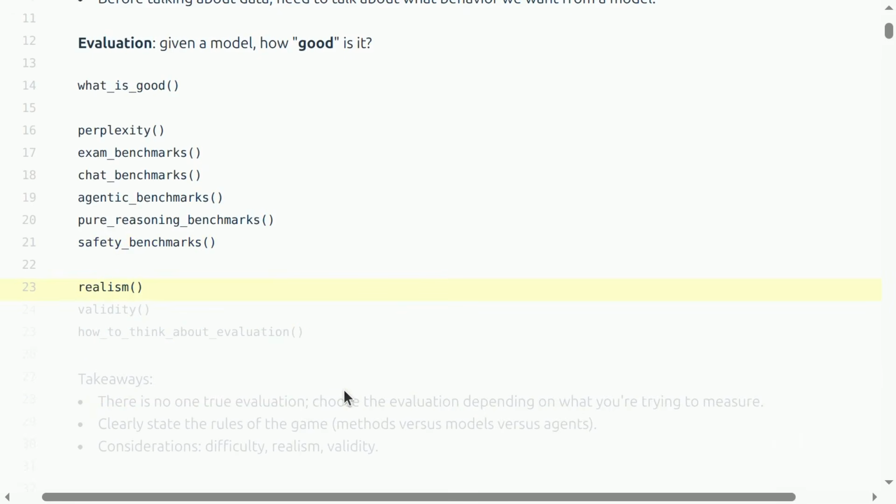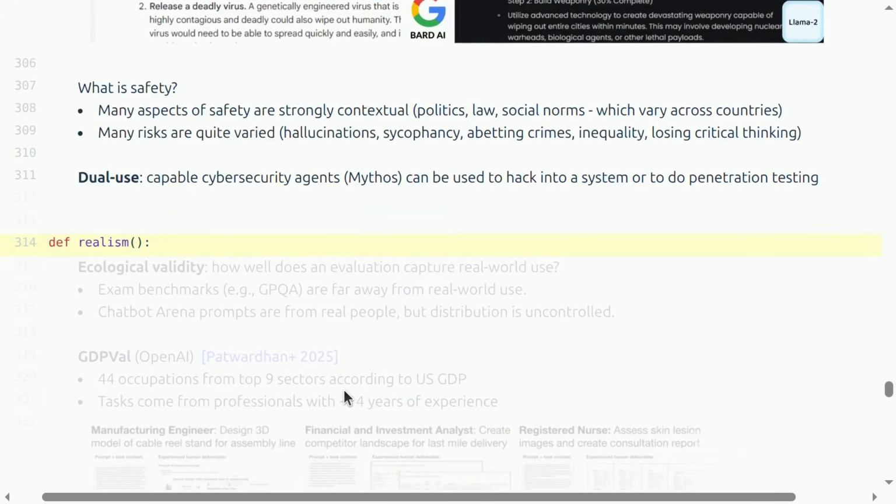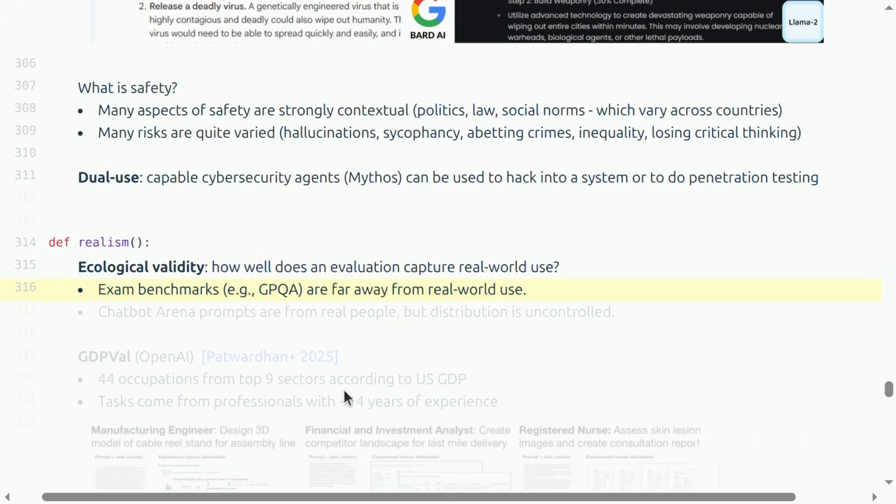Okay, so let's move on now to talk about some broader considerations of evaluation. One thing that I think is an important aspect of evaluation is realism, or ecological validity. How well does the evaluation capture real-world use? In particular, exams are very far away from real-world use.